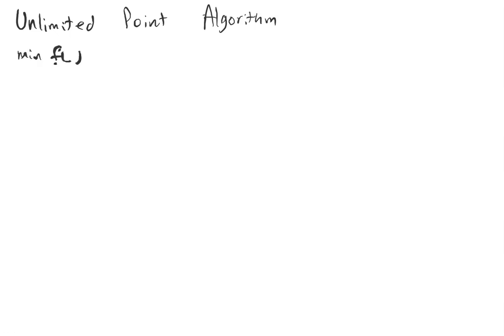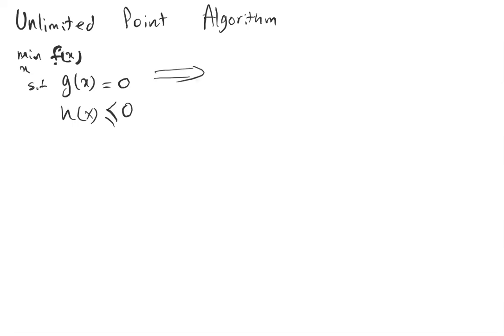So in this lecture, we talked about the unlimited point algorithm. This is a new type of reformulation for minimizing f of x subject to g of x equals 0, h of x less than or equal to 0.